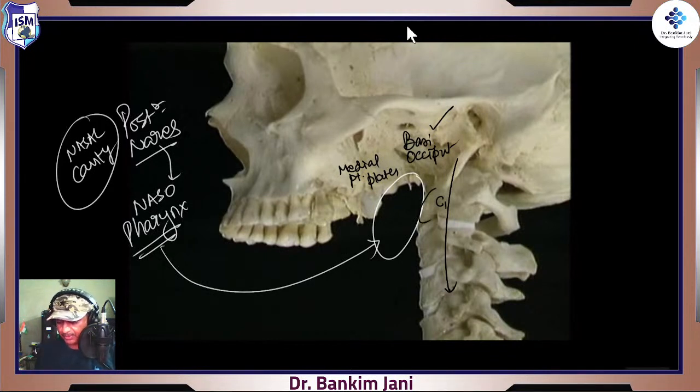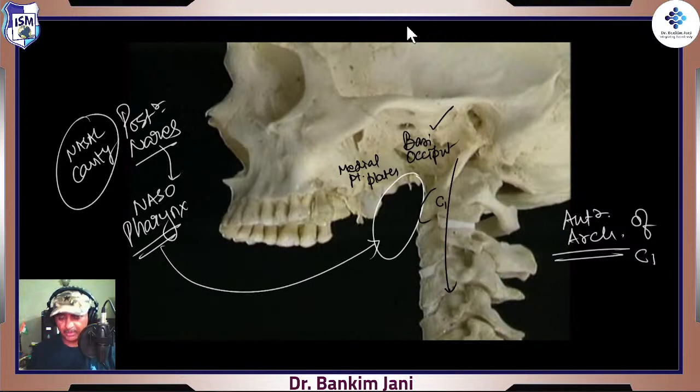We talked about it, that in C1 there would be the anterior arch, right? Anterior arch of C1. So excellent. You have created all the boundaries, right? And without any confusion about where exactly the nasopharynx is: anteriorly it is the medial pterygoid plate, on top it is basiocciput, and posteriorly it is the anterior arch of C1. Done.